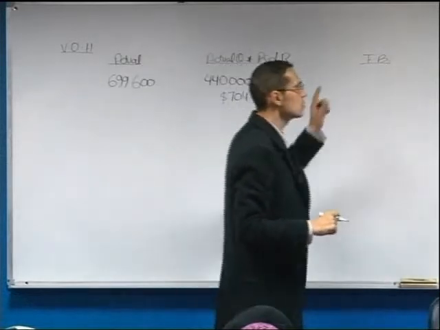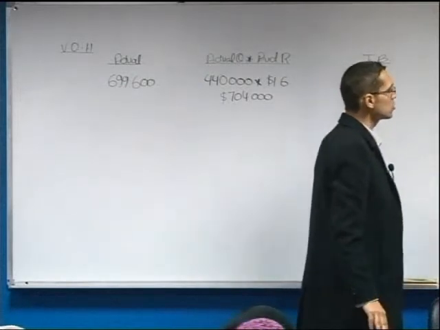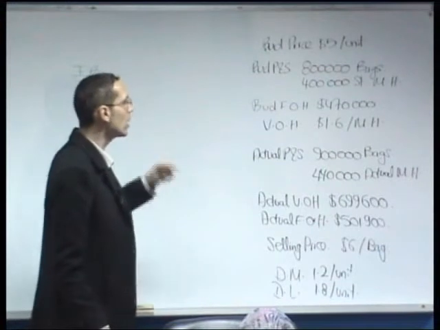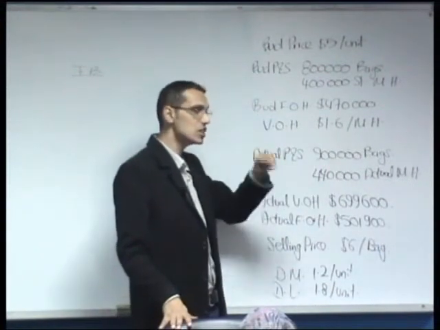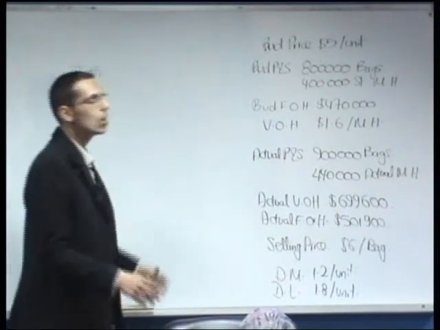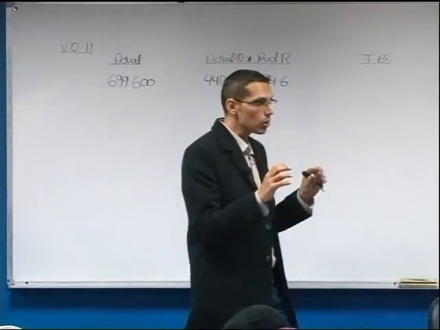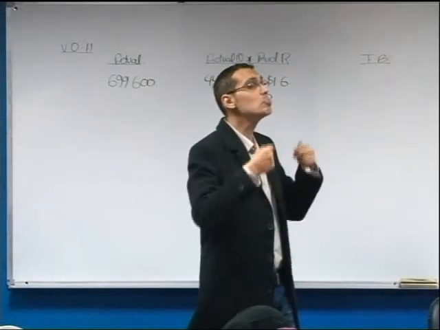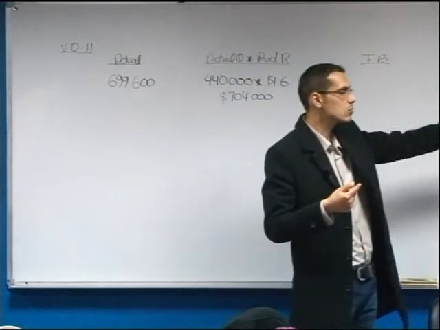Of course, the flexible budget amount is the standard machine hours to produce the 900,000 bags. So how are we going to calculate the machine hours that should be used in order to produce the 900,000 bags?